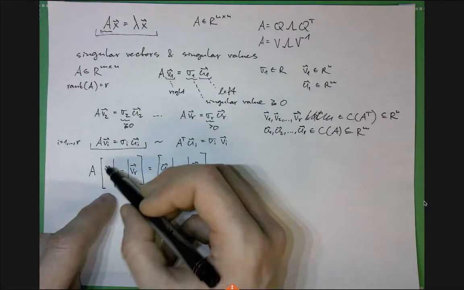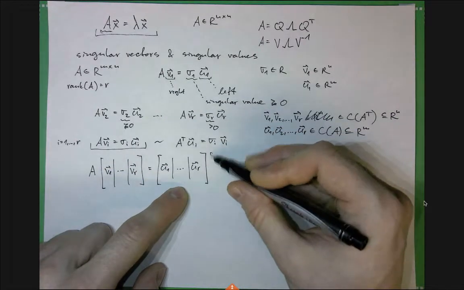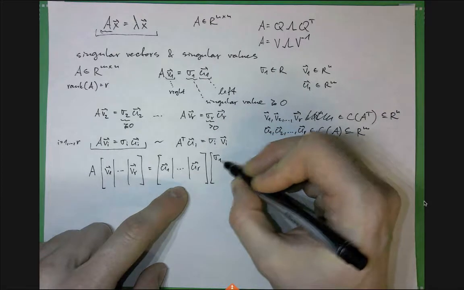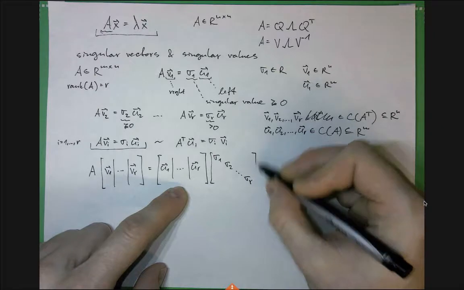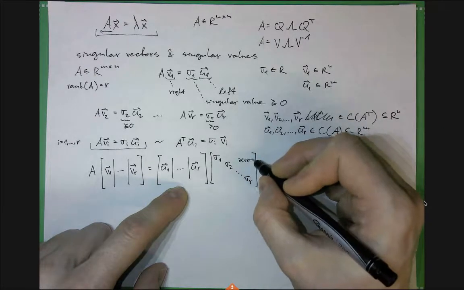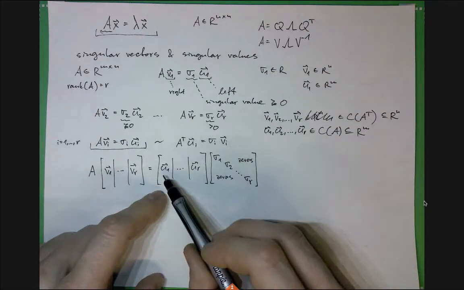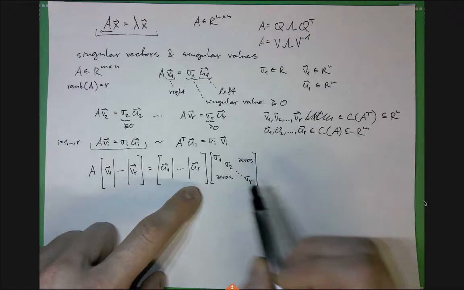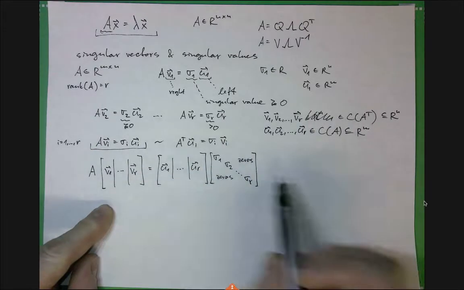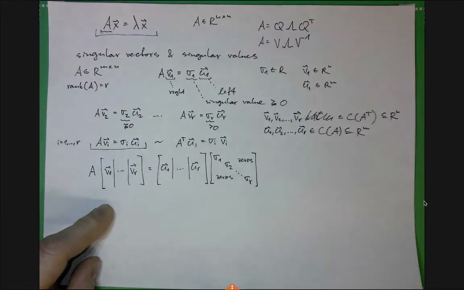So this just means multiply every column of this matrix by A. And the multiplication by sigmas I can accomplish simply by a diagonal matrix which looks like this, with zeros everywhere else. Because this simply says multiply the first column by sigma 1, the second column by sigma 2, and so on, the last one by sigma r, right? So this matrix equality captures all these equalities in one.